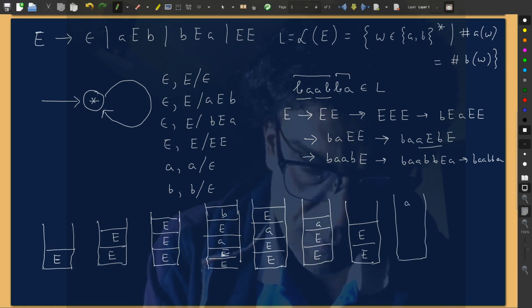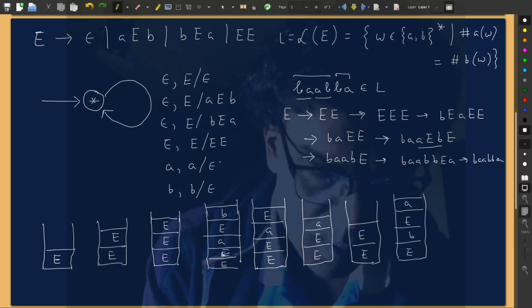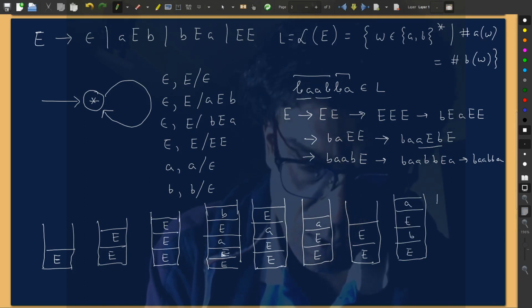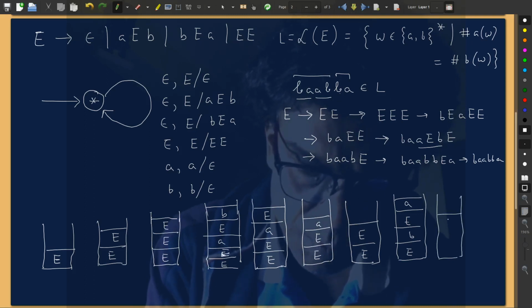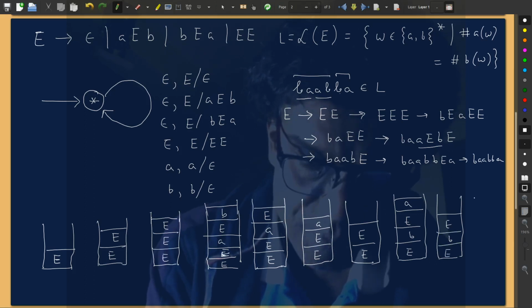So this now becomes A, E, B, E. Then I consume this A from the input, and at the same time I pop it out from the top of the stack. This now becomes E, B, E.